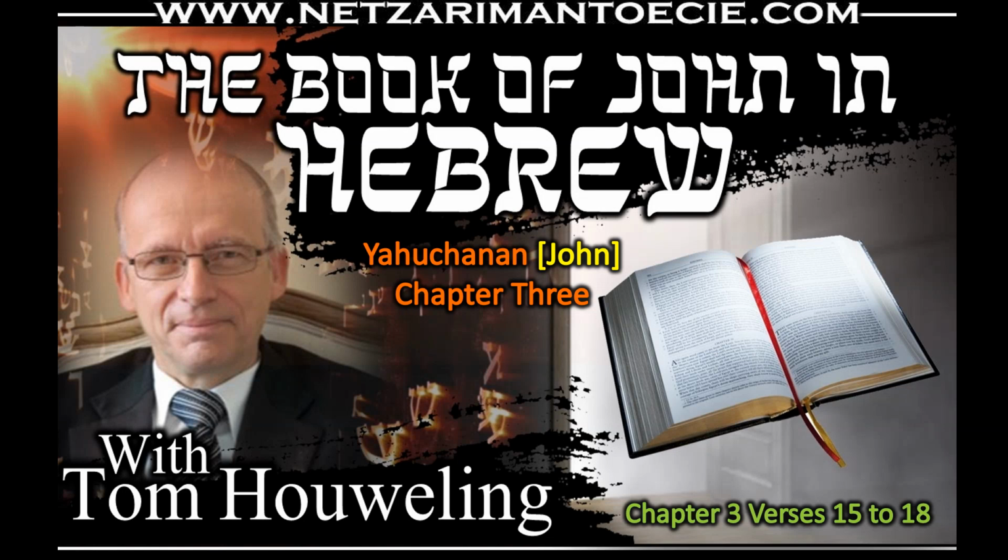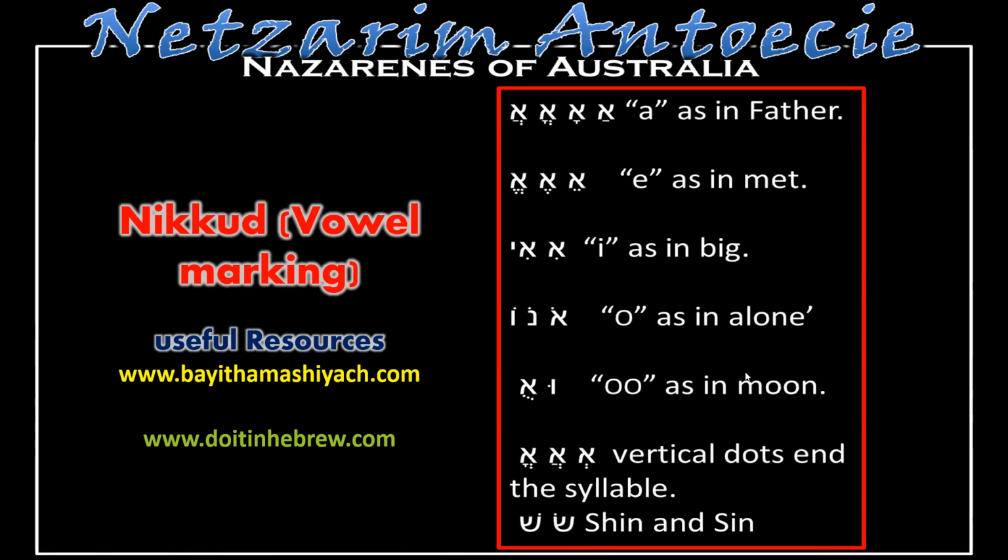And today's lesson will be from the book of John again, and it is chapter 3, verses 15 to 18. So let us begin. And as I always do, we have a chart of the Nikud, the vowel markings, to help anyone who's relatively new, to remind us exactly how to use the vowels.